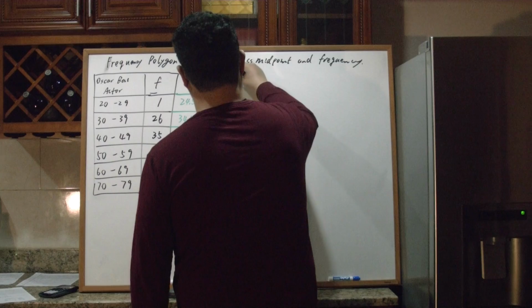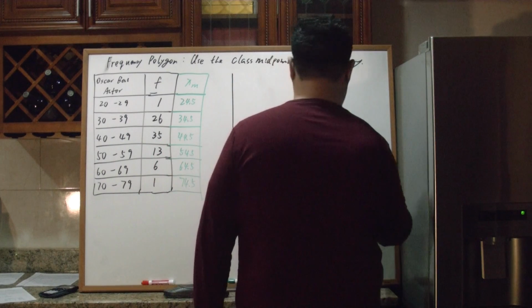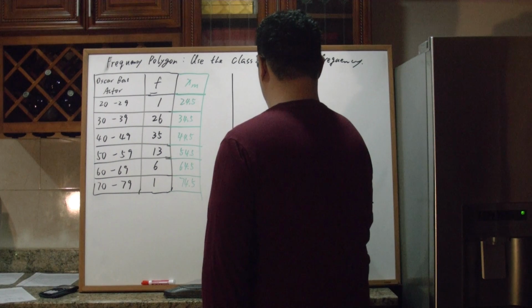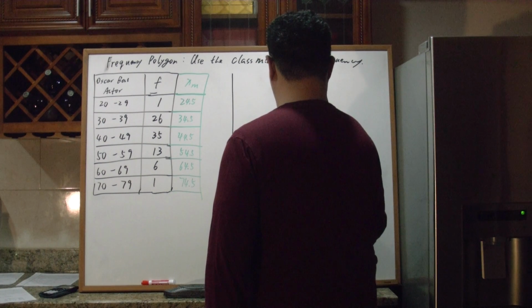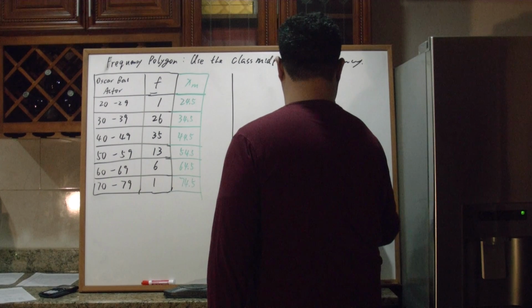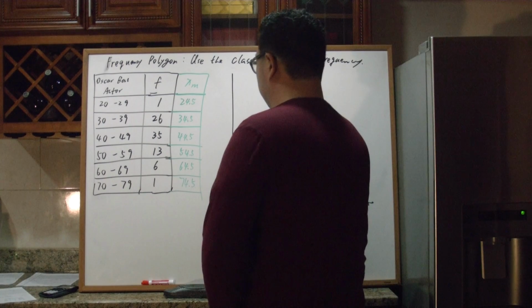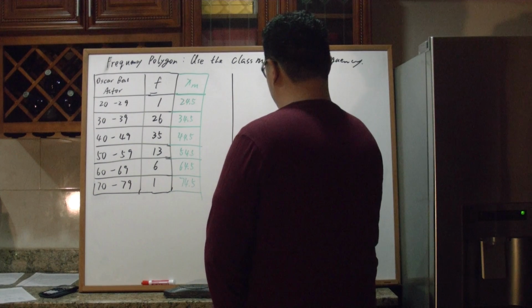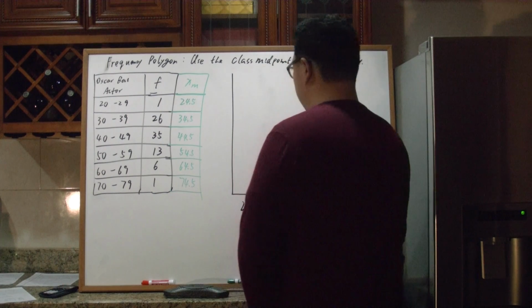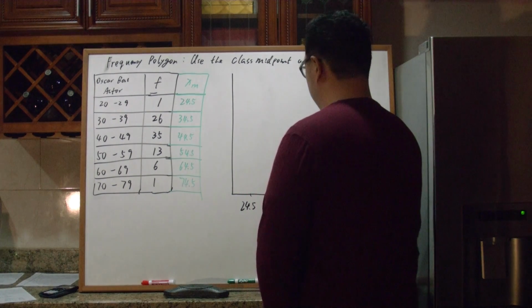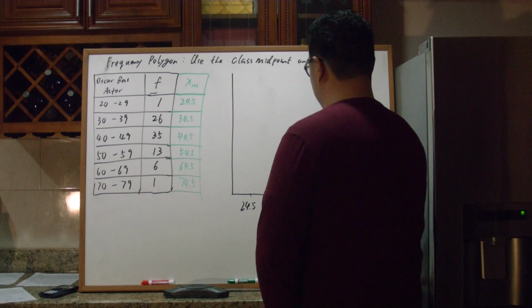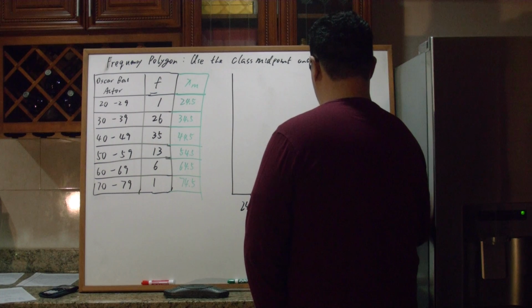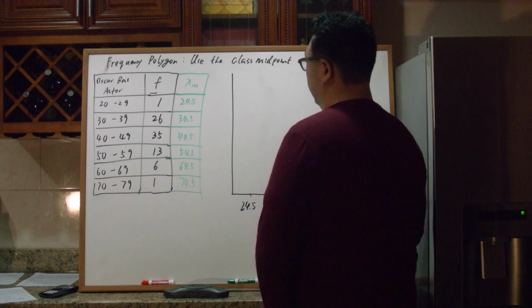And what do we do for the frequency polygon? We just draw 6 classes: 24.5 as the first, then 34.5, 44.5, 54.5, 64.5, and 74.5 as the midpoints to represent the age.